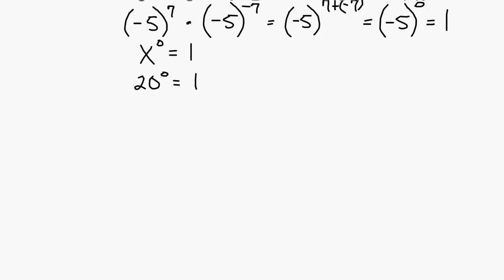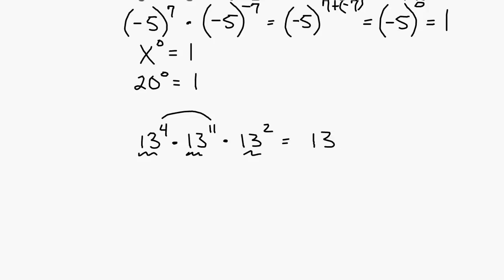If you have 3 bases that are the same, 13 to the 4th times 13 to the 11th times 13 to the 2nd, the rule stays the same. If all the bases are the same, then the base remains the same, and you just add the powers.